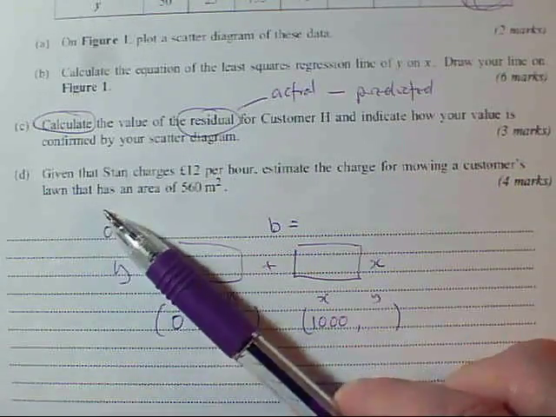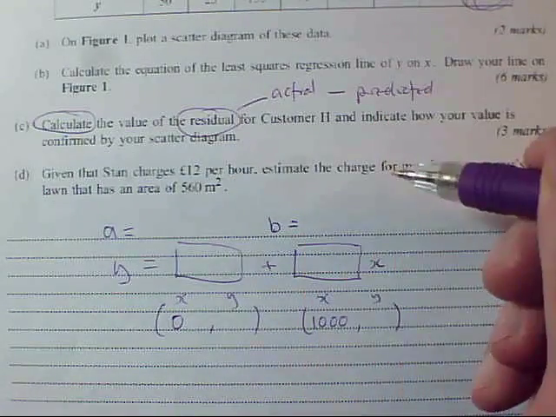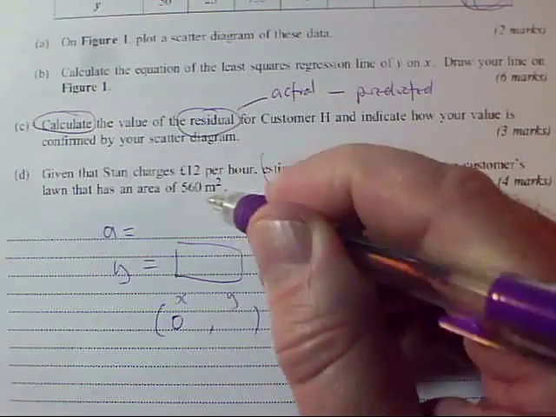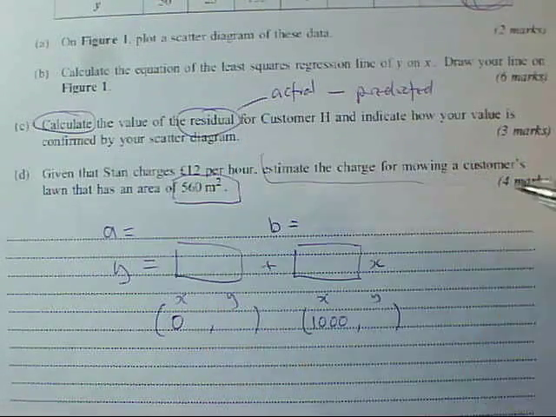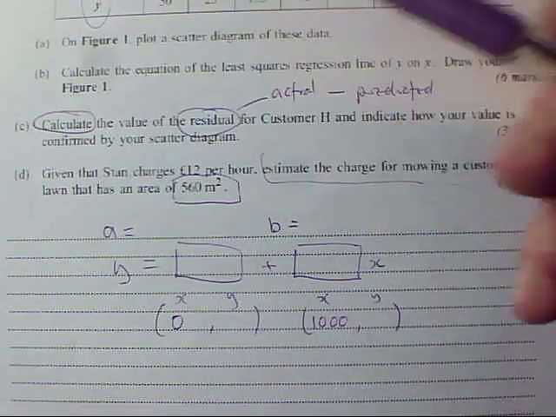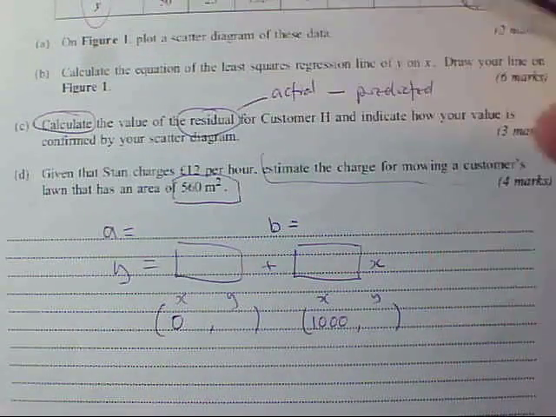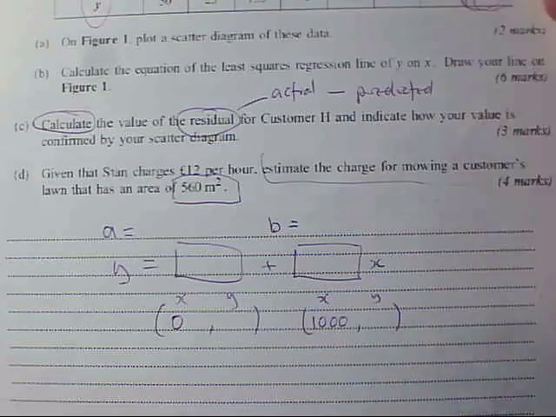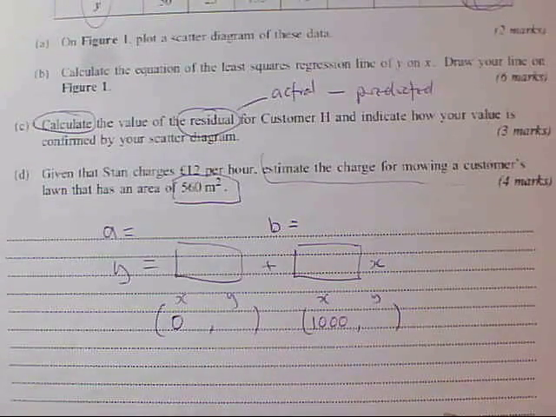And then for part D, we've got his charge per hour, and we've got to estimate the charge for mowing a lawn with an area. So we've got an area, and one of these, X or Y, is an area, and we can use that to predict Y, which is the number of minutes that he takes to mow these lawns.